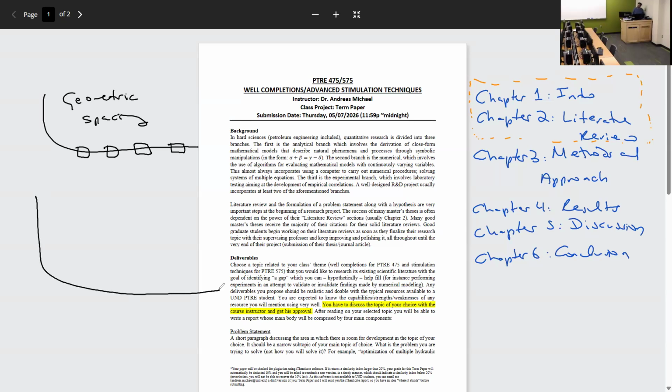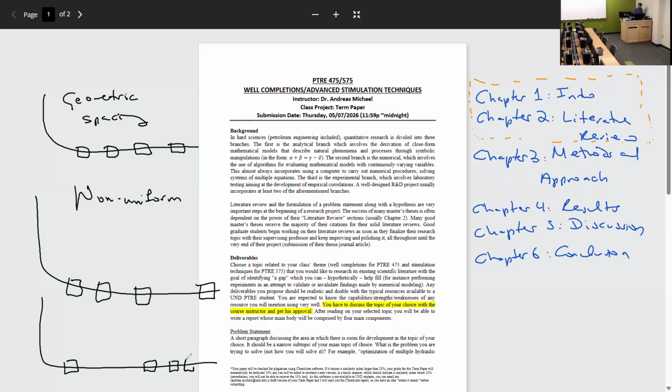And then I think there is the engineering spacing or something. I don't know what they call it, but the non-uniform one, you may have them more clustered towards the heel, or more clustered towards the toe. Like this one, yeah.